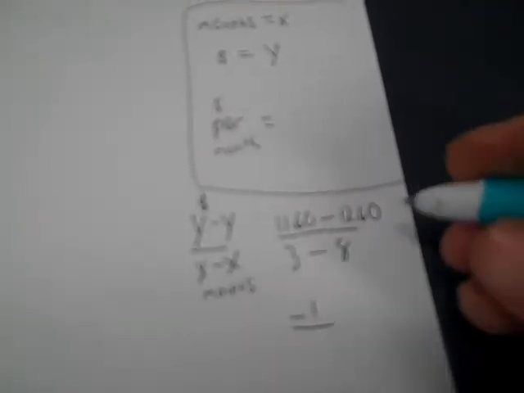Okay, so I take 11.60 minus 12.60 on my calculator, and that's -1. And then 3 minus 5 is -5. Now I need to divide -1 by -5. 0.2.